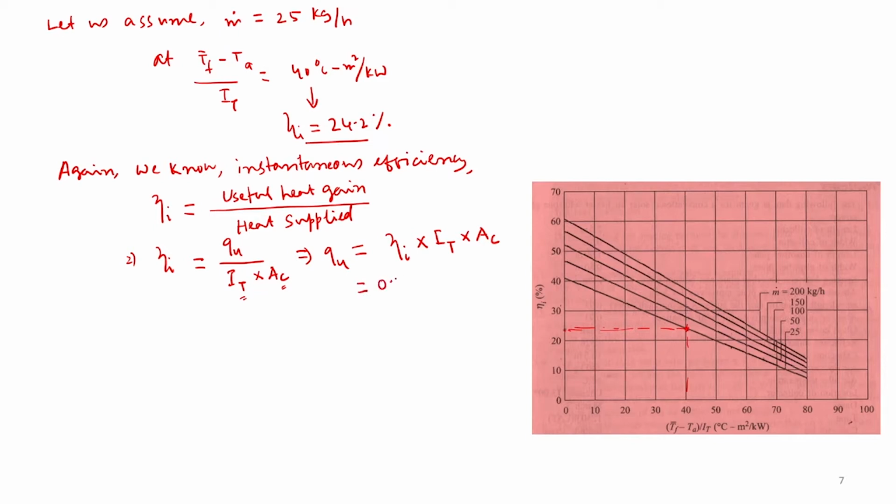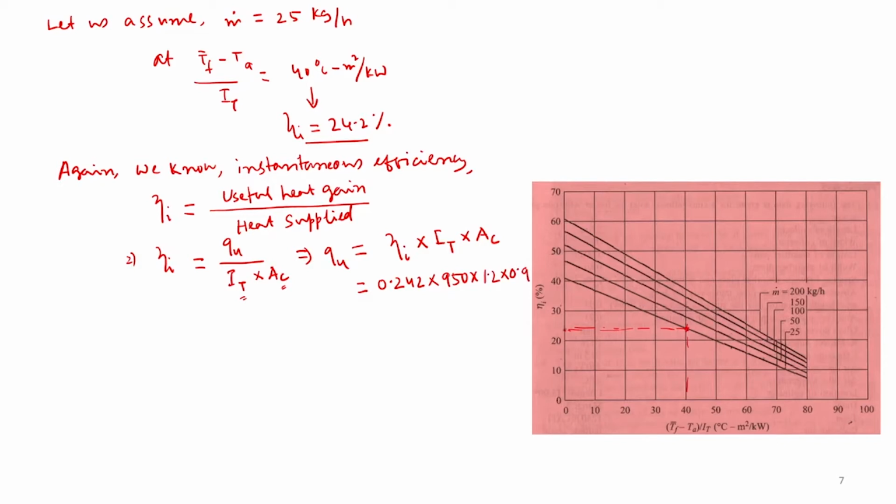So, we can write 0.242, that is 24.2 divided by 100, multiplied by IT, which is 950, and the area of the collector, which is 1.2 multiplied by 0.9.